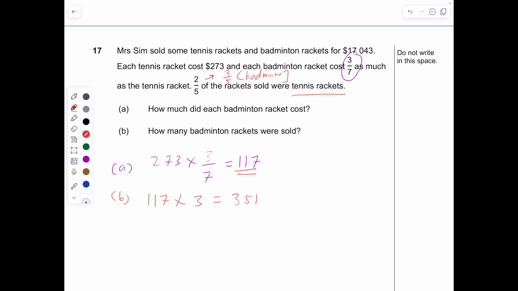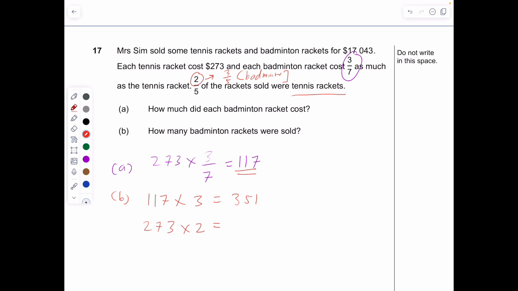Okay, and then after that, each tennis racket is 273, and I know that out of it, 2/5 of all the rackets sold were actually tennis rackets. So I multiply by 2.